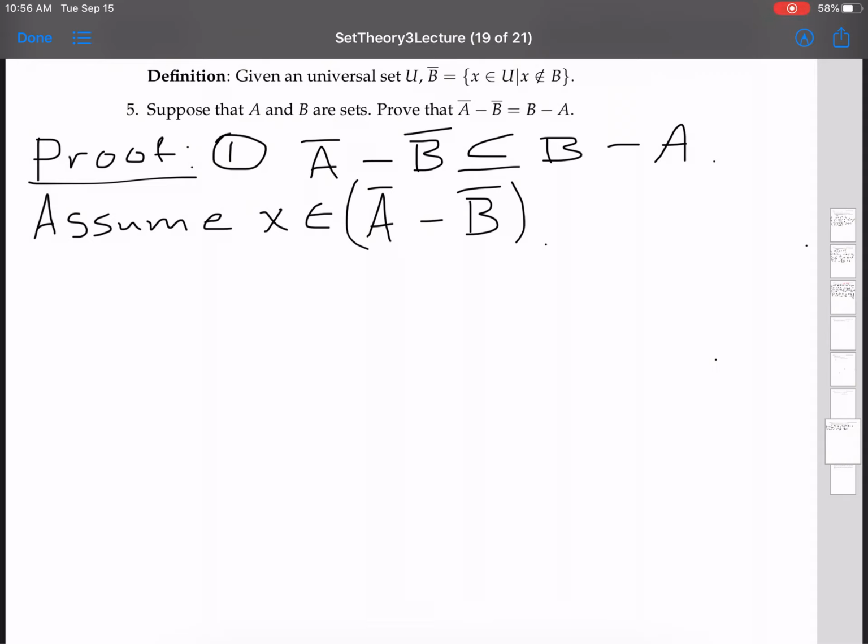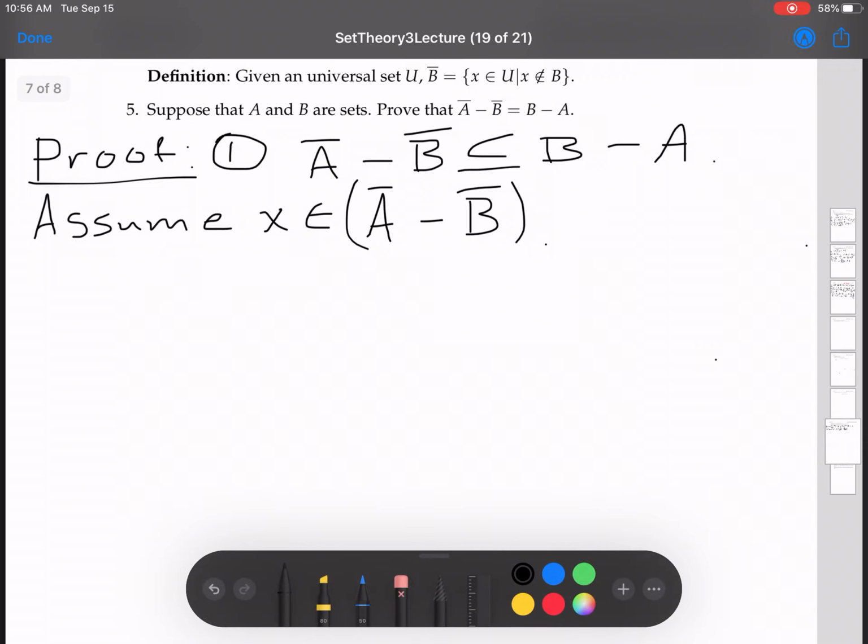It's the set of all X such that X is not in that set. Now, we'll just assume that all of this is happening inside some universal set.